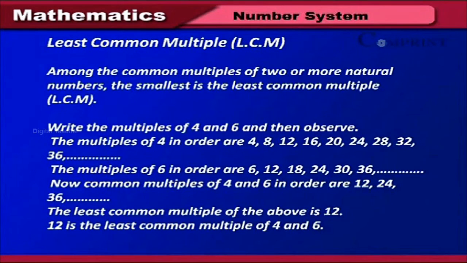The multiples of 6 in order are 6, 12, 18, 24, 30, 36. Now, common multiples of 4 and 6 in order are 12, 24, 36. The least common multiple of the above is 12. 12 is the least common multiple of 4 and 6.